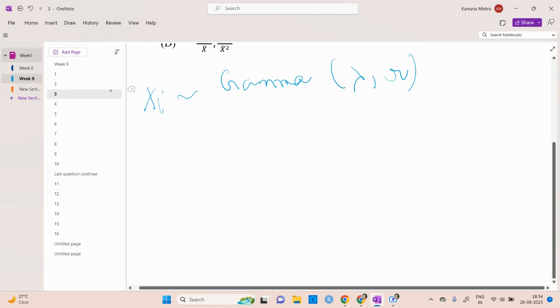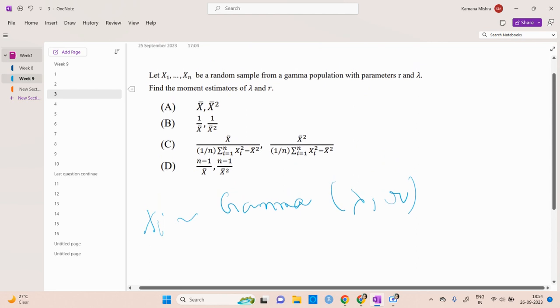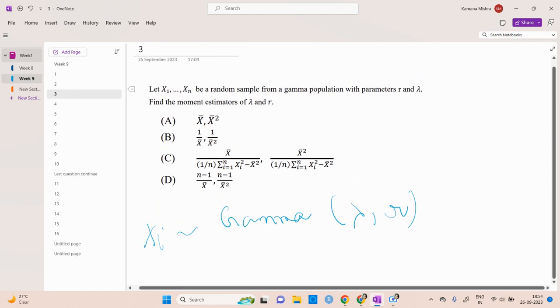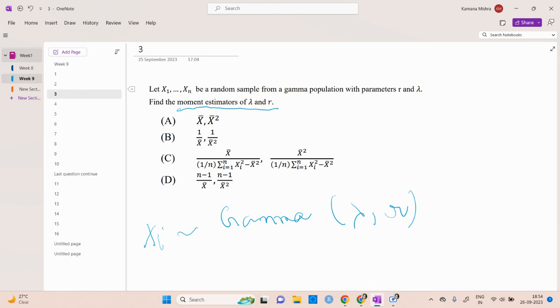Xi follows this distribution for i from 1 to n. Okay, so we want to find the moment estimator. Moment estimator means we want to find the estimator with the help of the method of moments.